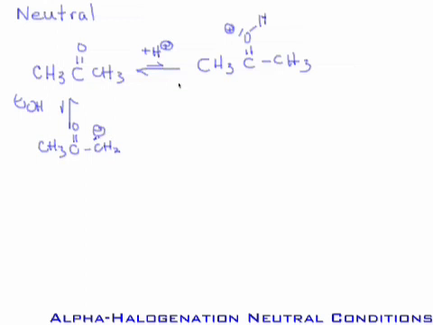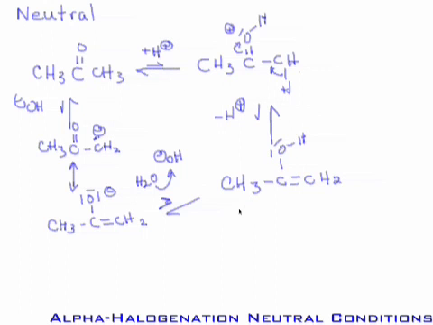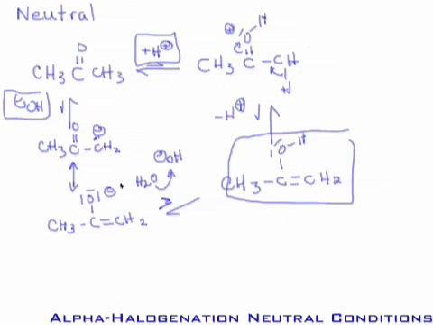Because these two effects are less likely to happen under neutral conditions, the concentration of the enolate and enol in solution is much smaller because the availability of protons and hydroxide is much reduced. This concentration of enol and enolate being so reduced, under neutral conditions, alpha-halogenation essentially does not occur.